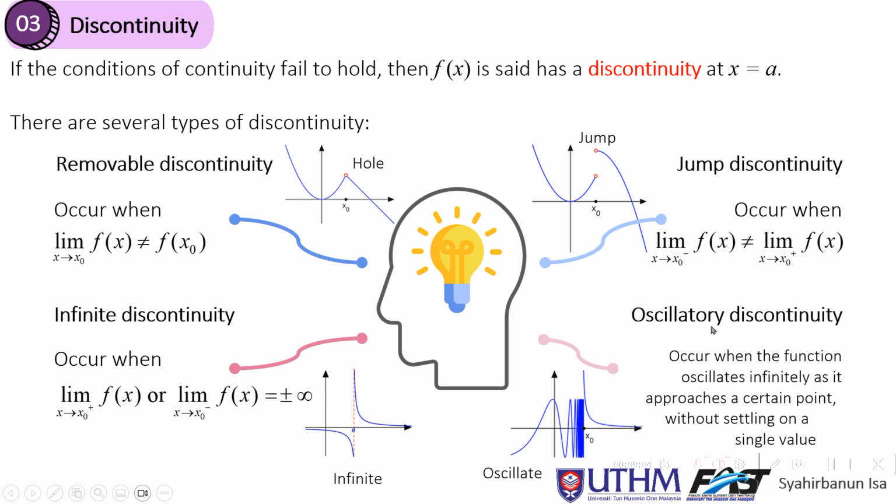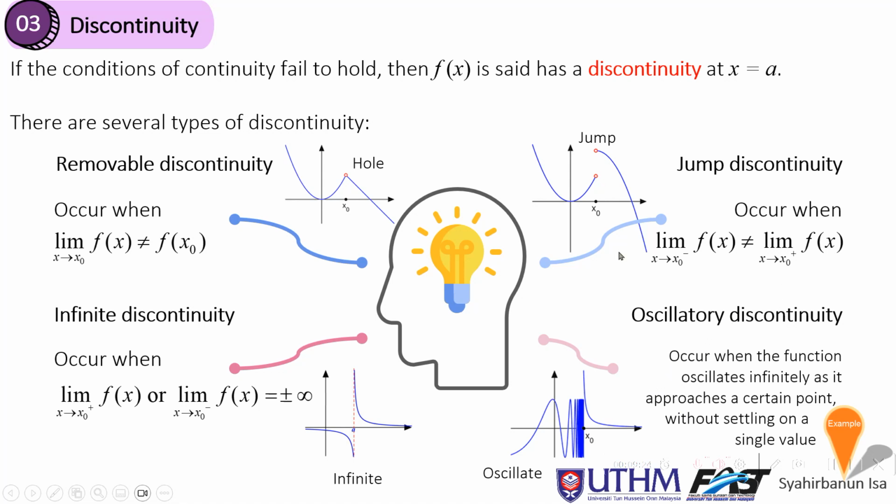This type of discontinuity occurs when the function oscillates infinitely as it approaches a certain point, without settling on a single value. The limit does not approach any single value.